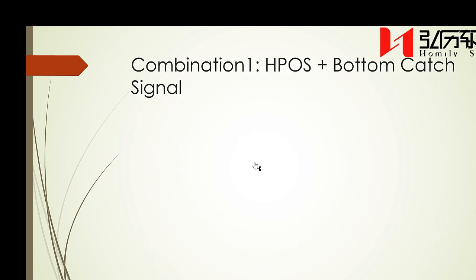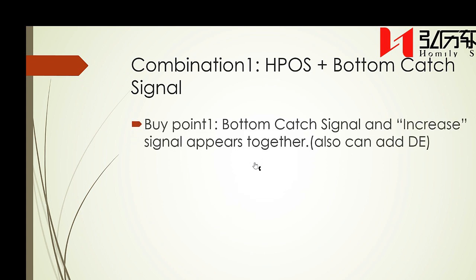The first combination is that Homely Position combined with the bottom catch signal. Yes, this one I have already shown you in the bottom catch class, right? Anyone who attended this class? Anyone? No? Okay. Let us see. The bottom catch signal and the increase signal appear together.